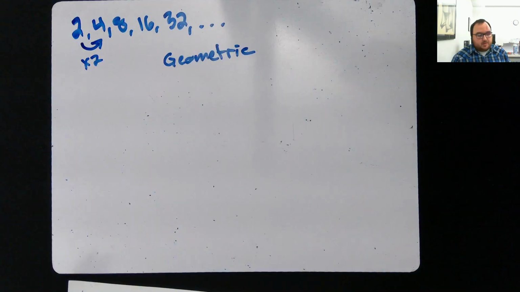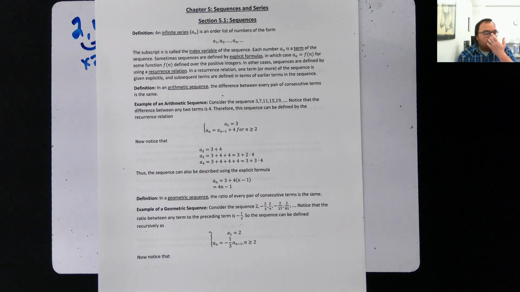So an example of that, consider the sequence 2, negative 2/3, 2/9, negative 2/27, 2/81, on and on and on. Notice that the ratio between any two terms is negative 1/3. Because if I did 2 times negative 1/3, that's negative 2/3, which is our next term.